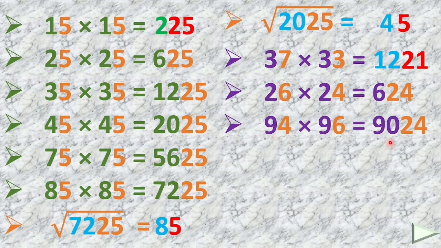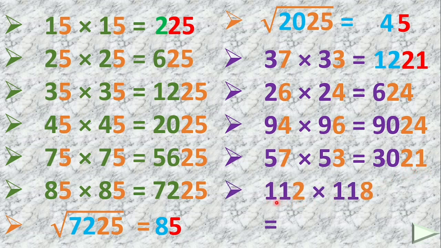Now 9 10s are 90 and 4 6s are 24. Now 5 6s are 30 and 7 3s are 21. So answer is 3021.